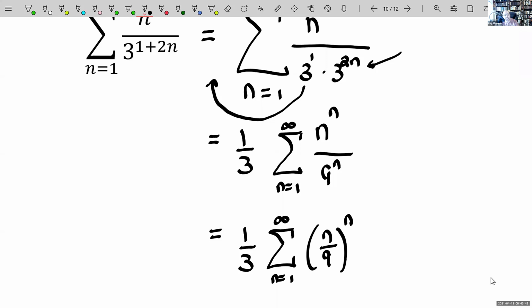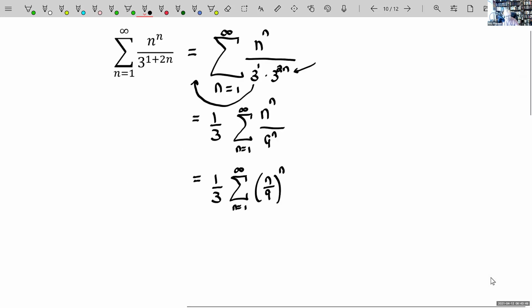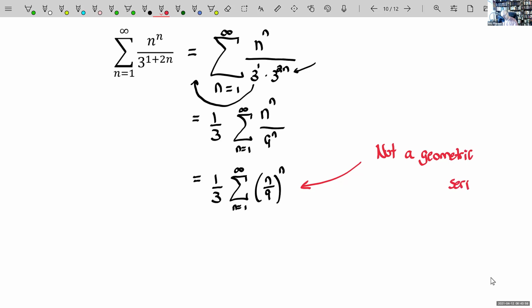Now, you may say, can I use the geometric series test? Let me give you a big fat warning here. No, you cannot use geometric series on this one because it's not a geometric series. To be a geometric series, that common ratio inside has to be constant.